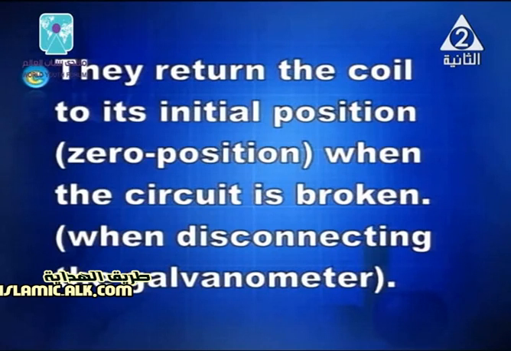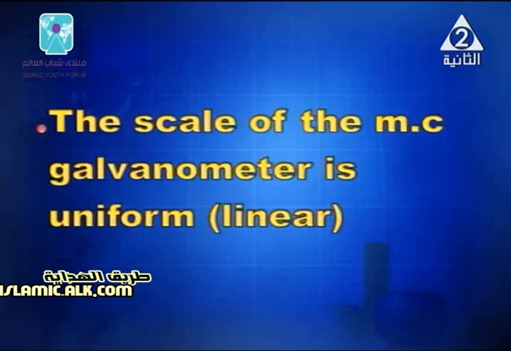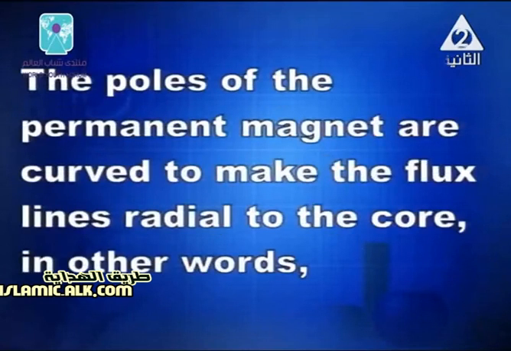Another important give reason: the scale of the moving coil galvanometer is uniform, linear, equally spaced. This is because the poles of the permanent magnet are curved to make the flux lines radial to the core.